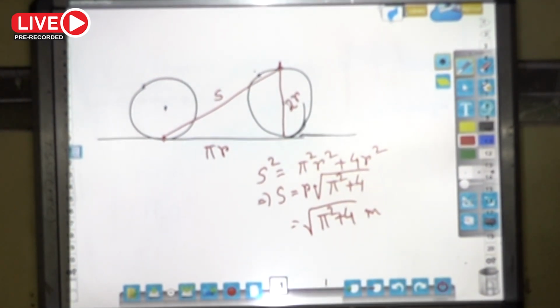Now, next problem. A body traveling along a straight line.